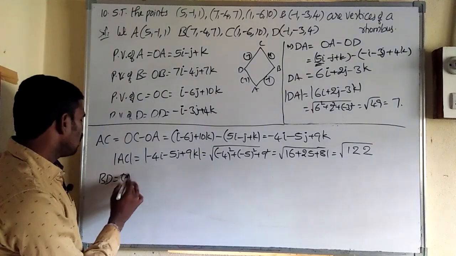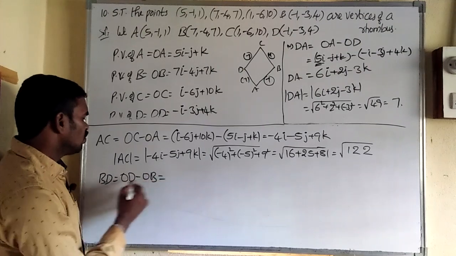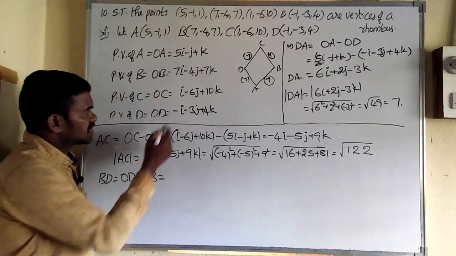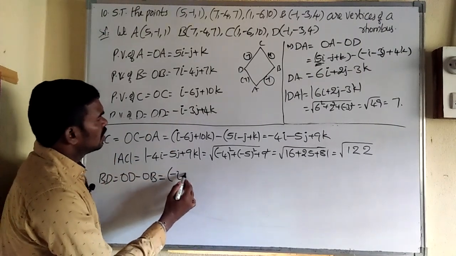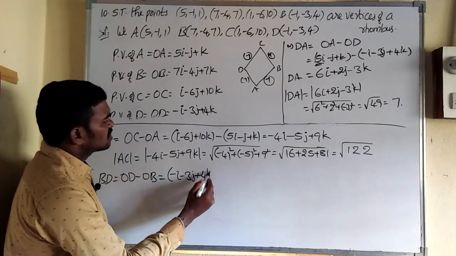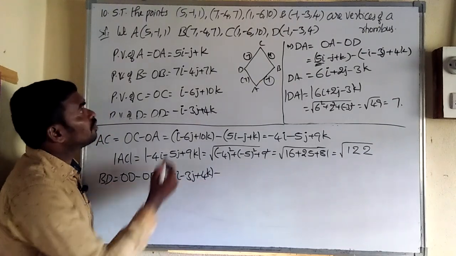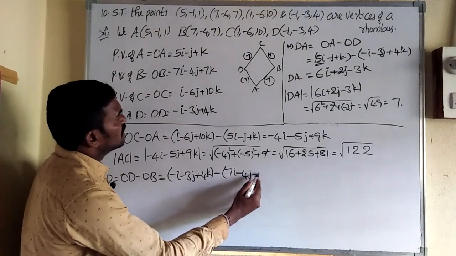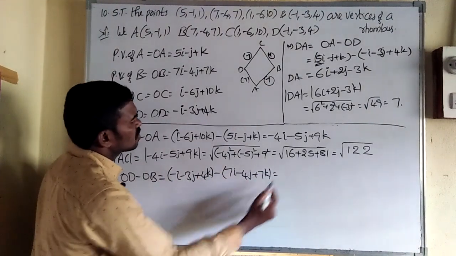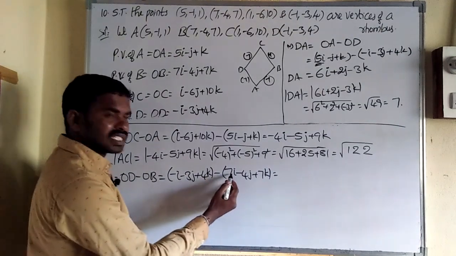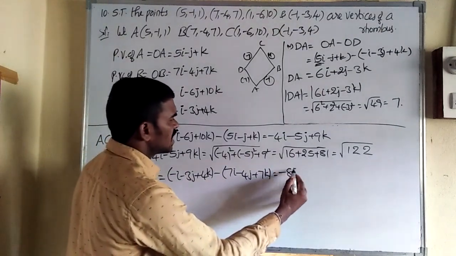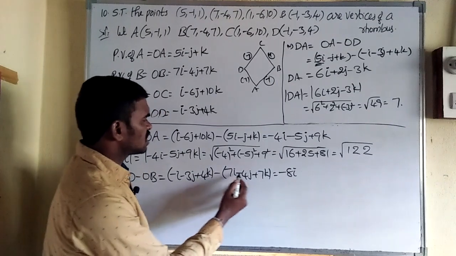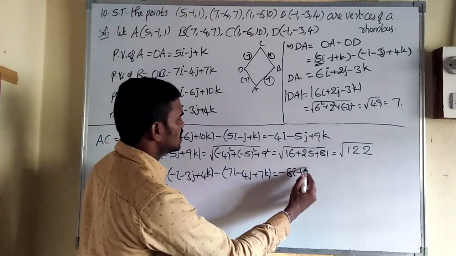BD means what? OD minus OB. What is OD? Minus i minus 3j plus 4k, minus OB. OB means 7i minus 4j plus 7k. So this is equal: minus i minus 7i becomes minus 8i; minus 3j, minus into minus, plus 4j becomes plus j.